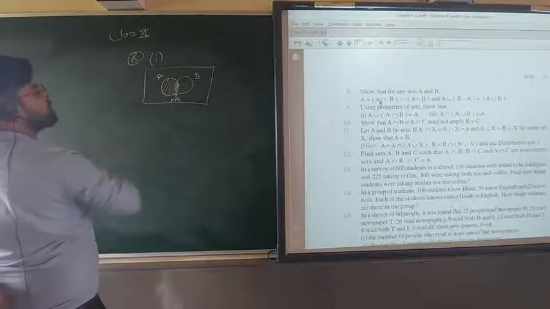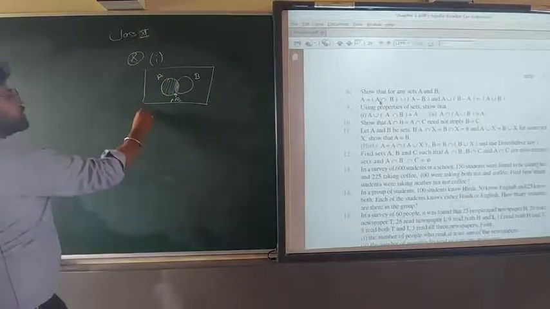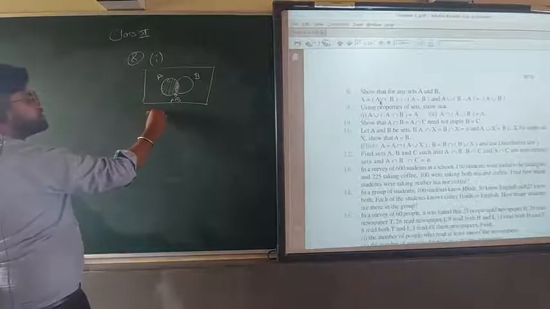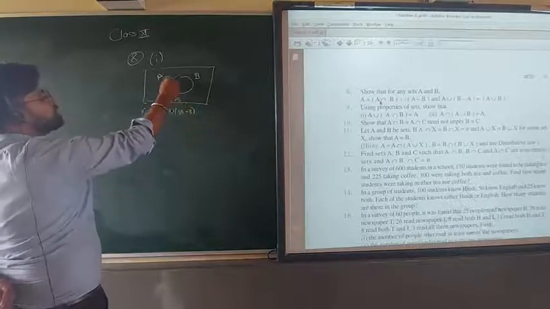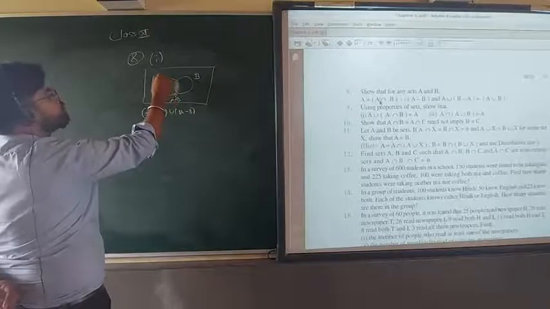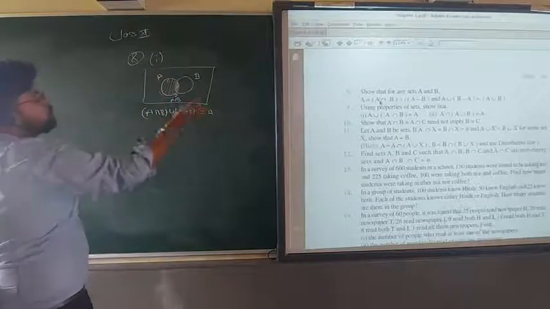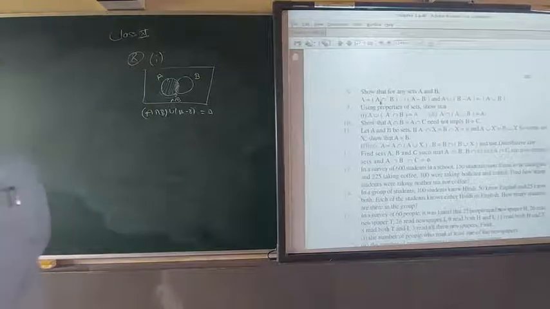So what is the union of A intersection B and A minus B? It means this complete part, and it will be equal to A only. So our Venn diagram simply shows that it will be equal to A.